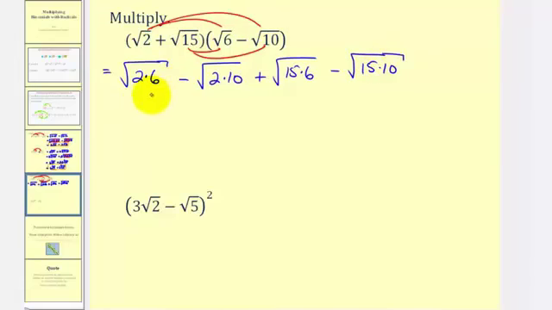And now we'll find the prime factorization of the radicands to help us simplify.